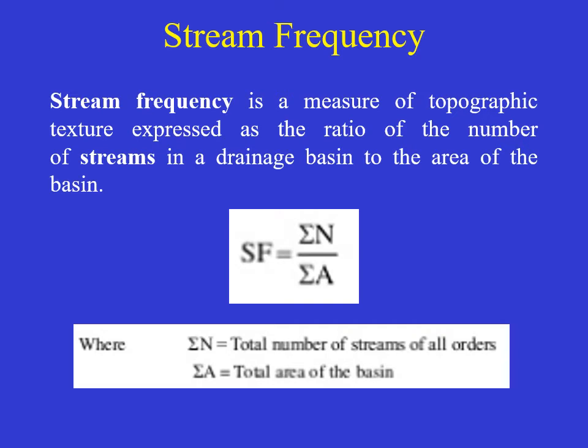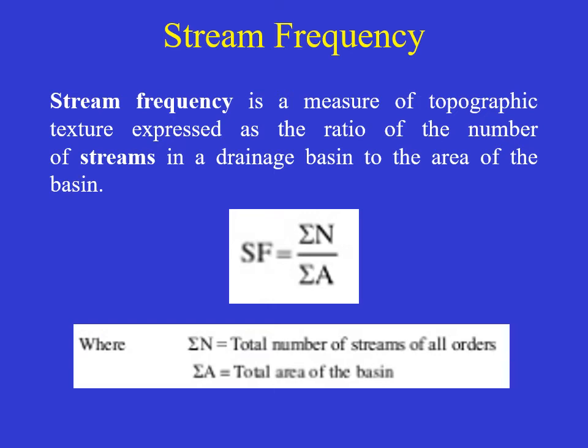Next is the stream frequency. It is a measure of topographic texture expressed as the ratio of the number of streams in a drainage basin. So in drainage density, we measure the length divided by area. In stream frequency, we are concerned about the number of streams over a given area.